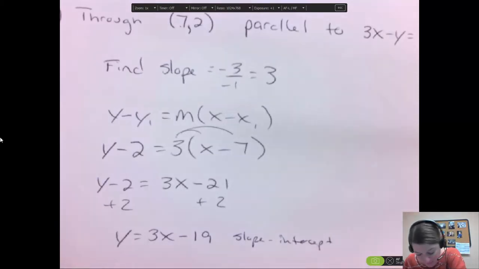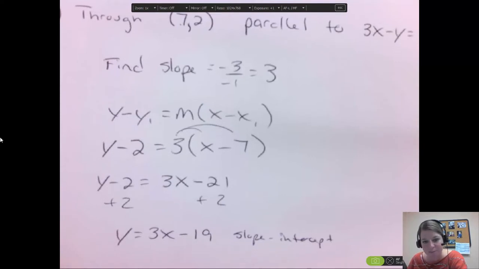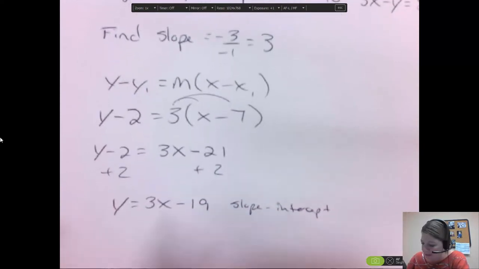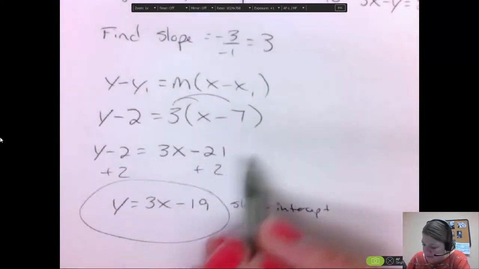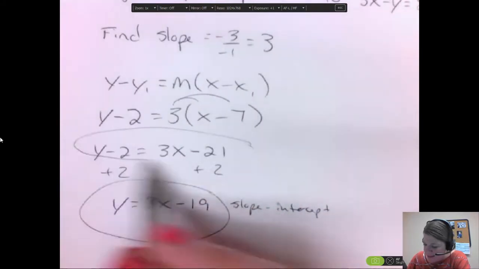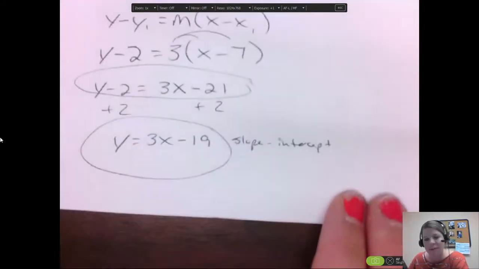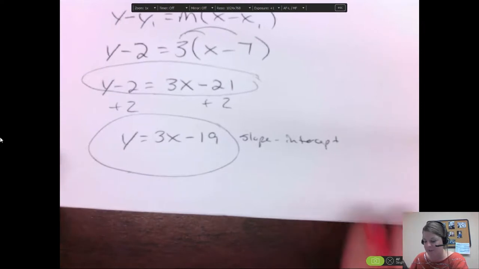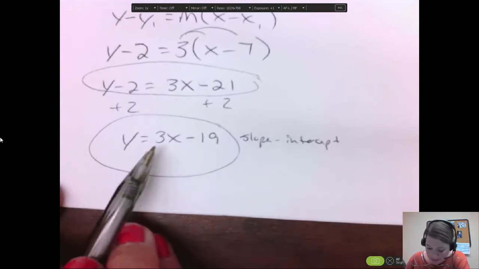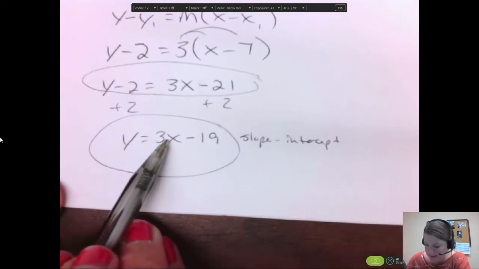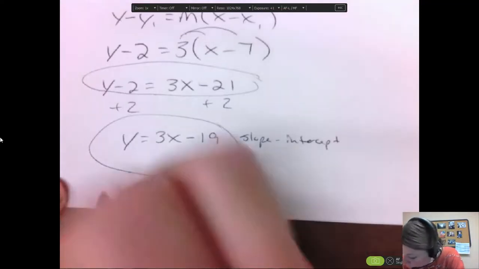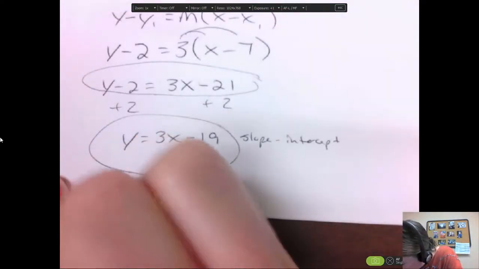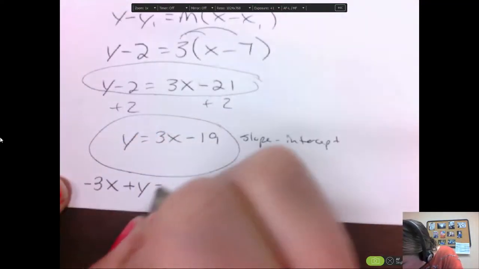And then if I want it in standard form, I have to move this x over here. And again, you could be done here. This is an answer. This is an answer up here too. It depends on the level of math you're in and what they expect from you. Typically you're done here. If I want it in standard form, I got to subtract that 3x over so that it goes negative 3x plus y equals negative 19.